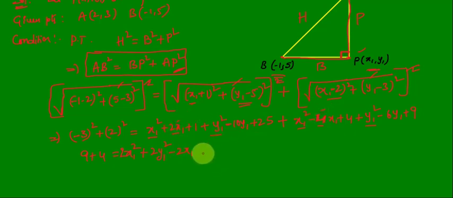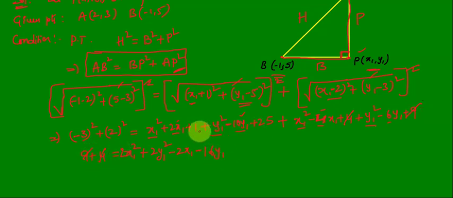Okay. Then comes y1 terms, minus 10y1 here and here minus 6y1. Both have same sign, so we should add those. That will become minus 16y1. Then comes constant. See here 9 plus 4 on the left hand side, and right hand side also plus 1, plus 25, plus 4 and plus 9. The left hand side 4 plus 9 will get cancelled.